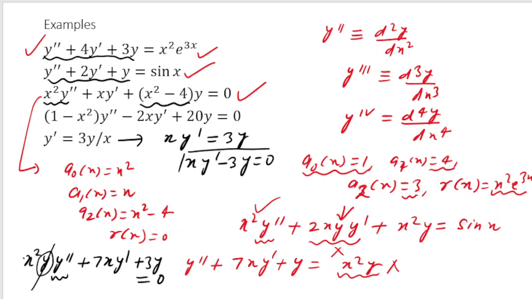So this is an example of a linear differential equation which is homogeneous, because the right hand side is 0, and it is a differential equation with variable coefficients, because the coefficients are x and minus 3. So if one of the coefficients is a variable, then the differential equation becomes a differential equation with variable coefficients.